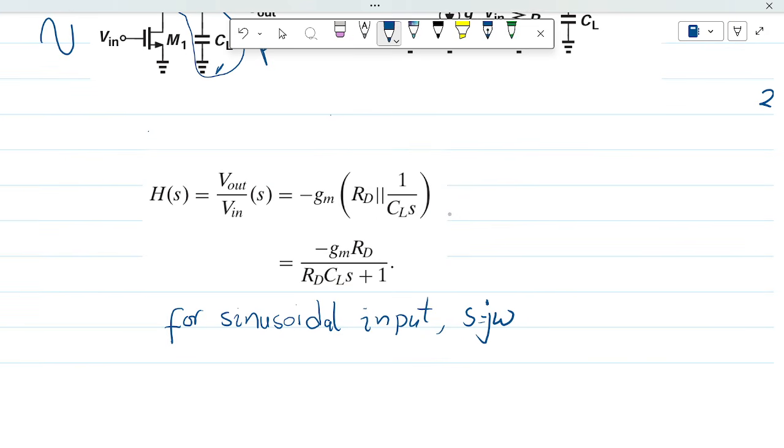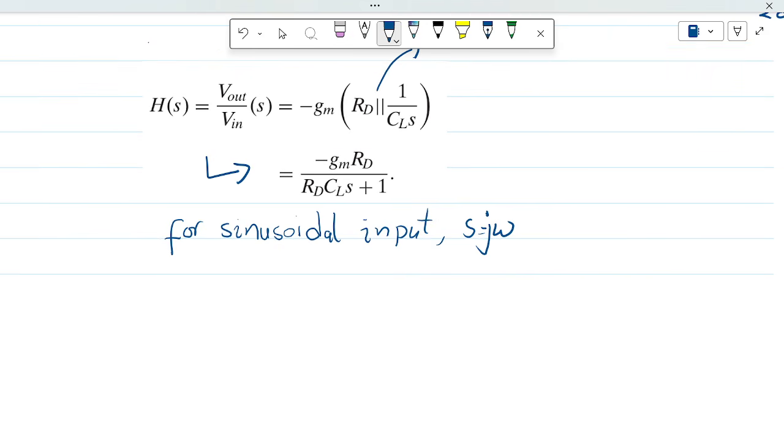So if we simplify this term in the brackets here, then the gain becomes like this. And assuming we wanted to find the frequency response as said earlier on, then we could just do the magnitude when S is equal to jω, assuming we have a sinusoidal input.